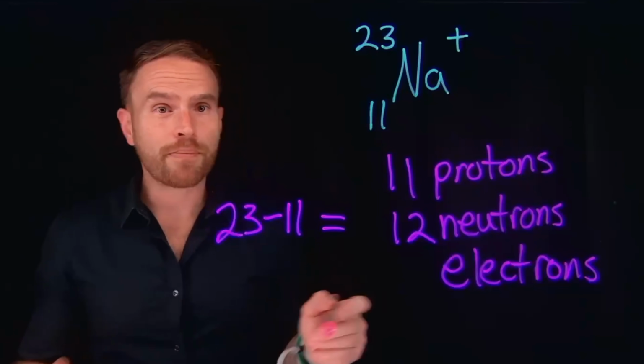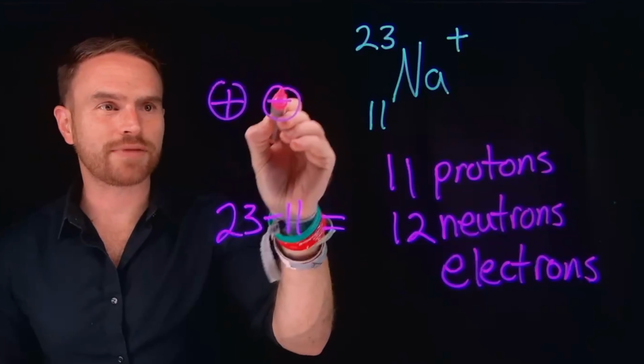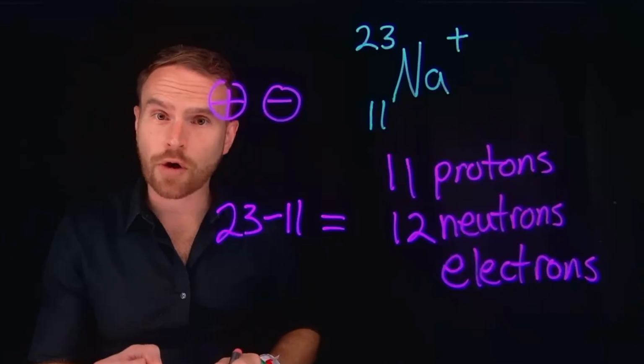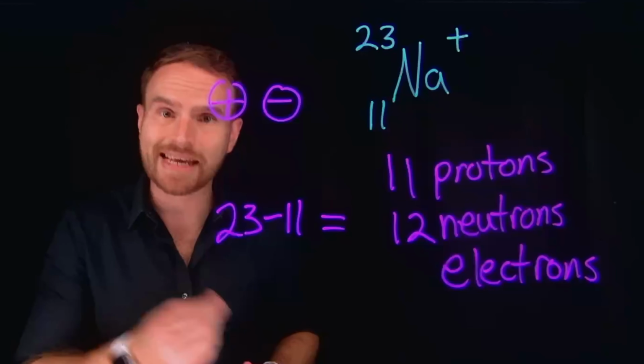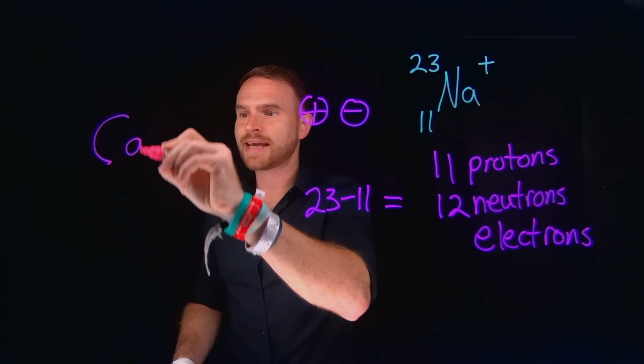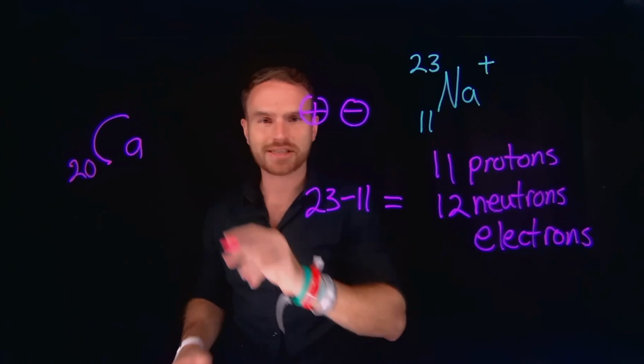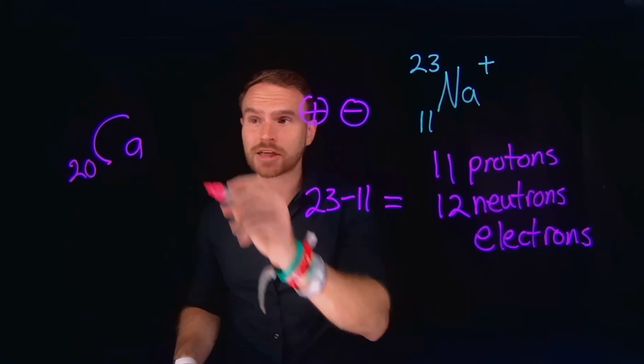Now remember, protons are positively charged and electrons are negatively charged. So if the charge is 0, then the number of protons must equal the number of electrons. Remember in the previous nuclide symbol, when we looked at calcium, we said that there were 20 protons and there was no value at this top right-hand side. And that means that the charge was 0.